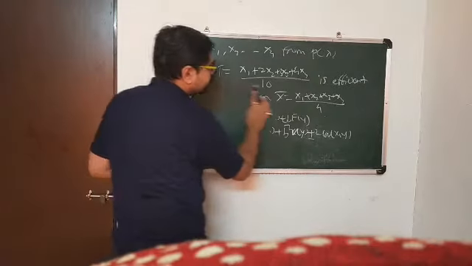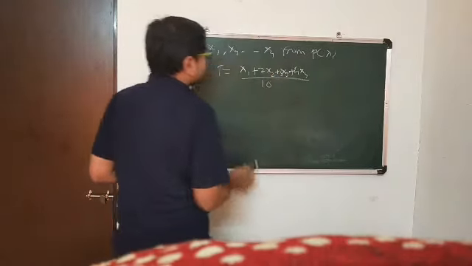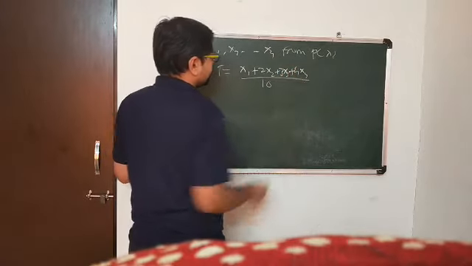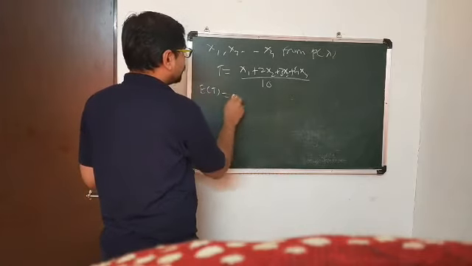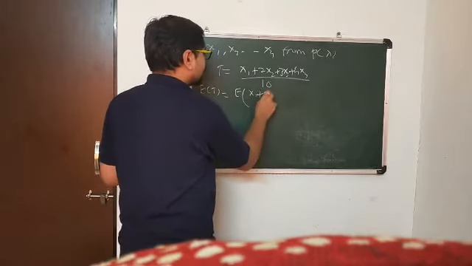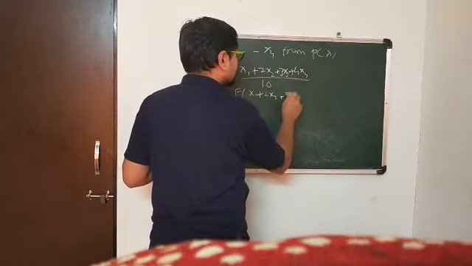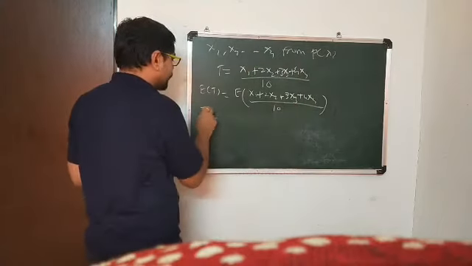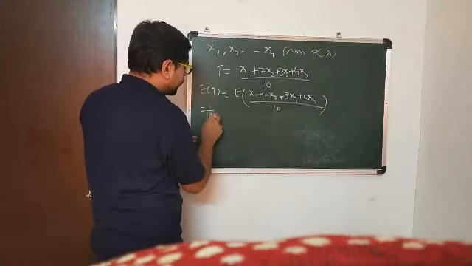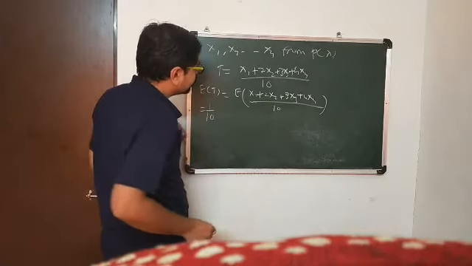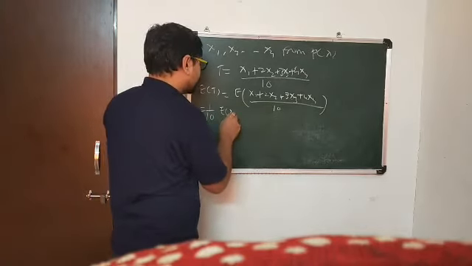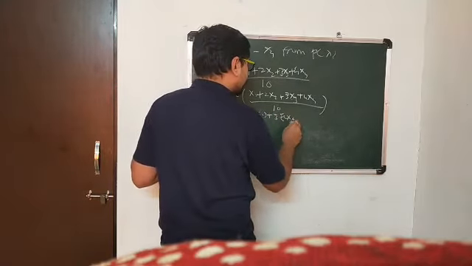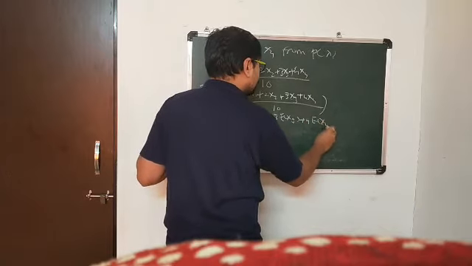So now we consider T is equal to x1 plus 2x2 plus 3x3 plus 4x4 divided by 10. Expected value of T is expected value of this whole expression. We have 1 upon 10 as a constant, so we can take it outside the expectation: expectation of x1 plus 2 into expectation of x2 plus 3 into expectation of x3 plus 4 into expectation of x4.